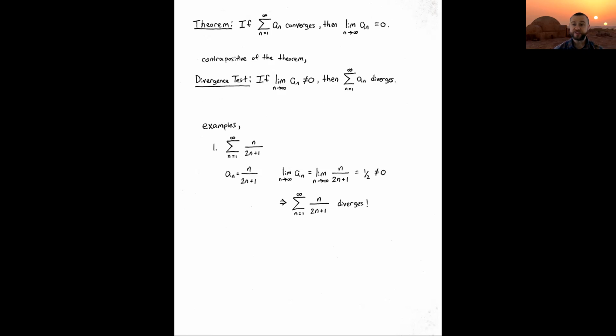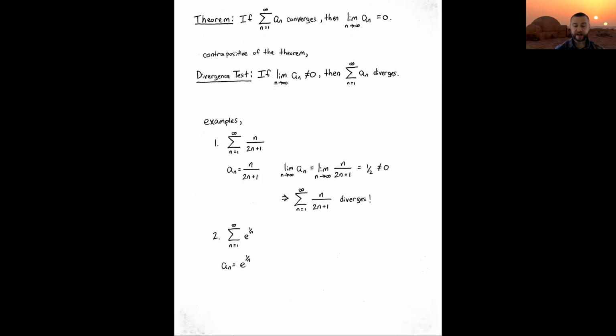Either way, you'll find this term approaches the limit value of 1/2. And since 1/2 is not 0, the divergence test tells us that the infinite series with that term is divergent. Again, really quick to apply: just look at the limit of your term, and if you get anything other than 0, your infinite series diverges.